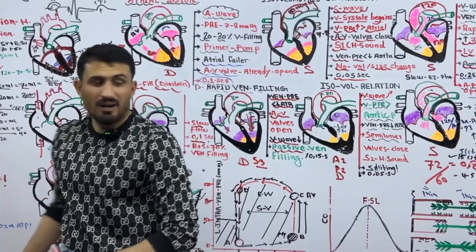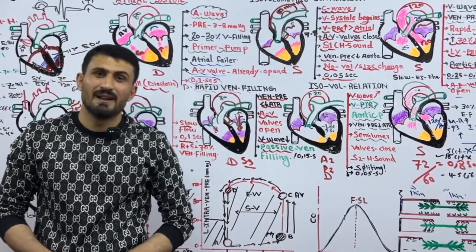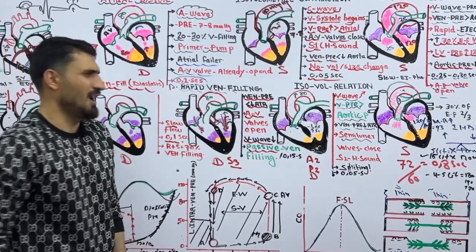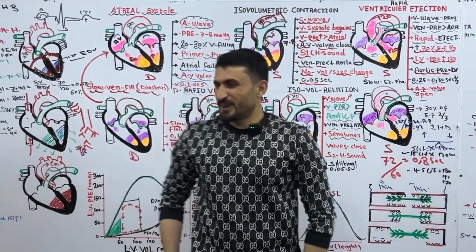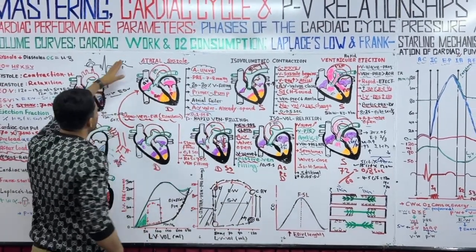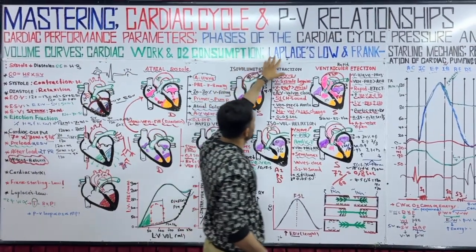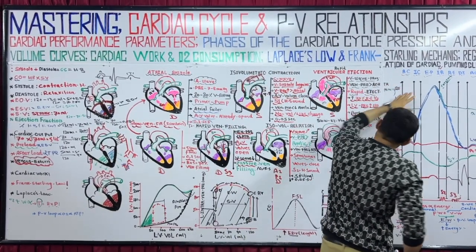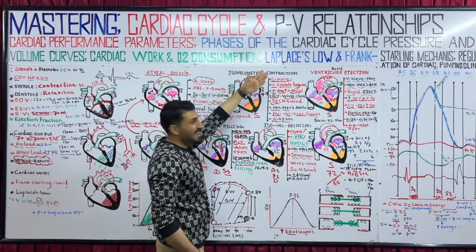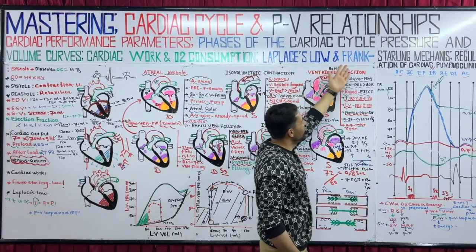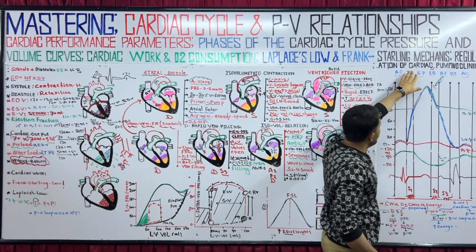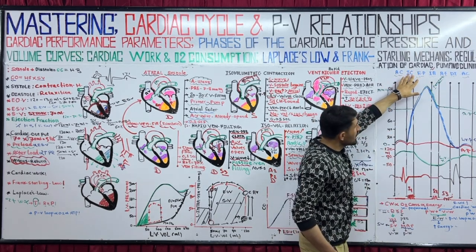So these laws are so important in the treatment of different diseases like ischemic heart disease, heart failure, and so on. These were all about the cardiac cycle and its different phases. We talked about parameters, phases of the cardiac cycle, pressure and volume, cardiac work and oxygen consumption, Laplace's law, the Frank-Starling law, and the control of the heart.